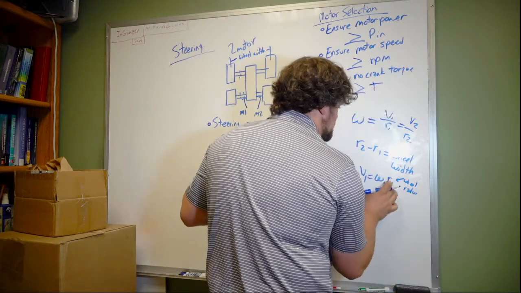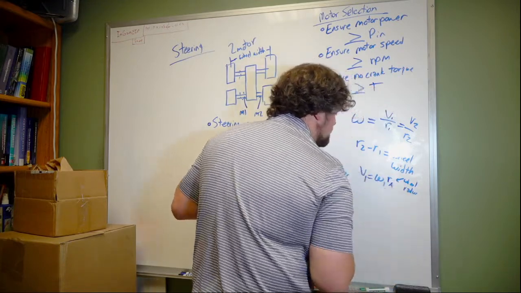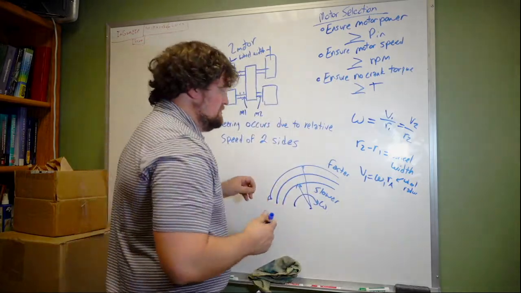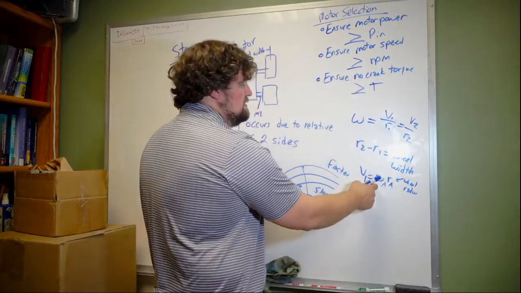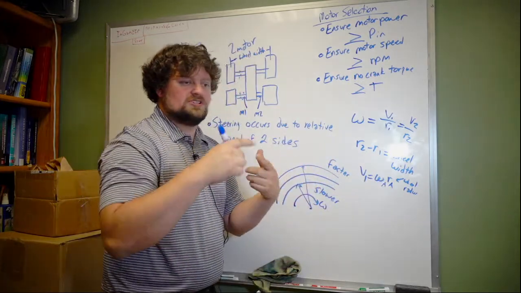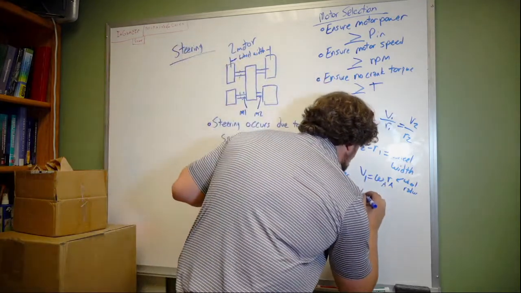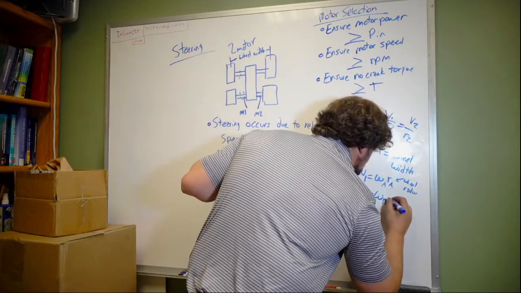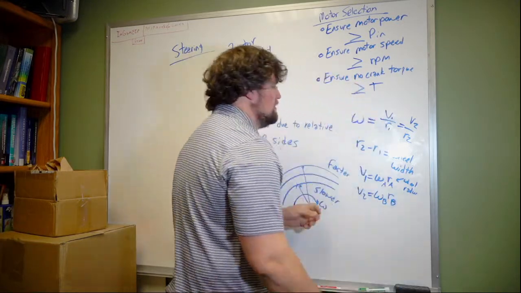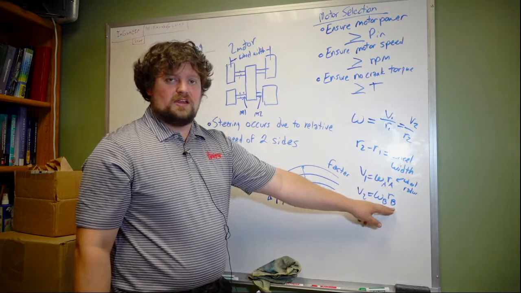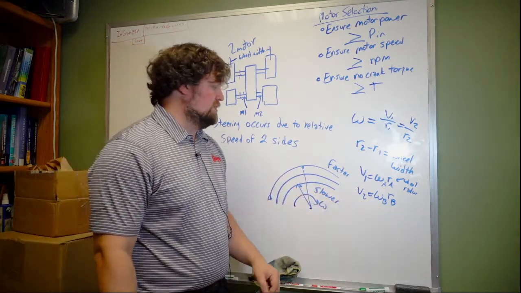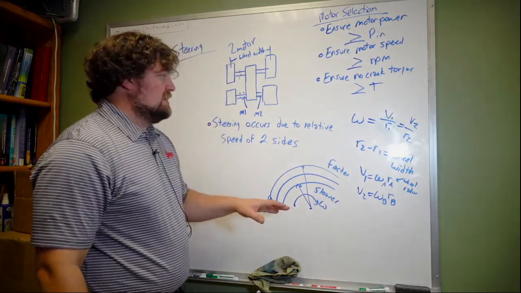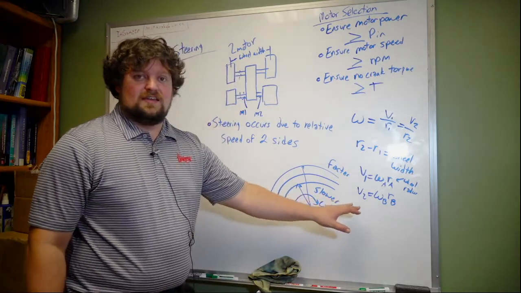This is not R1, we'll call this RA, just to give some different values. I'll call this omega A, that's the rotation speed of the wheel. And then V2 is going to be equal to omega b RB, where this is the wheel radius again multiplied by the angular rotation of that wheel. Okay, so you can get a lot of different things out of this.